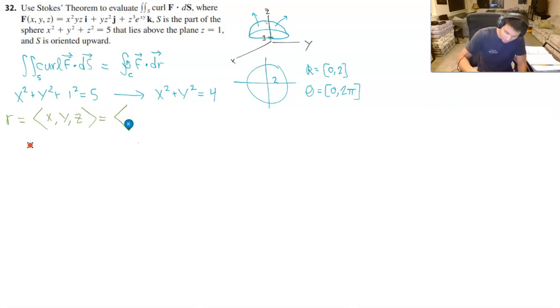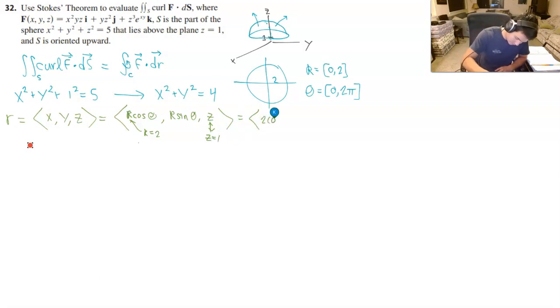Well, x we usually write as big R cosine theta, and we know R to be 2. R equals 2. So then the next one is R sine theta, and z is equal to z. Then we know that z is equal to 1 in this case. So this is truly equal to 2 cosine theta, 2 sine theta, and 1.